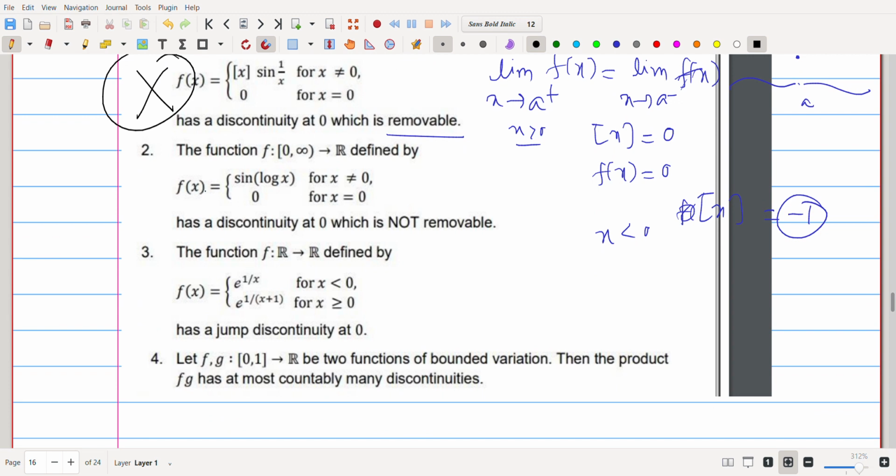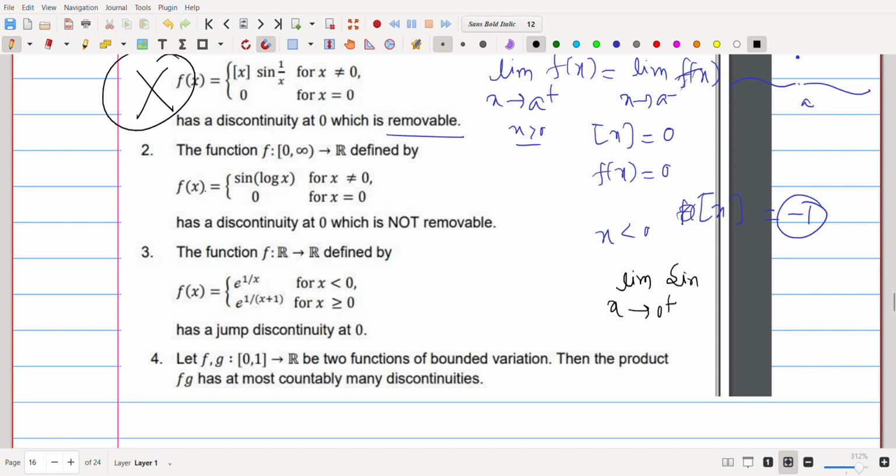Fx equals sine log x for x not equal to 0 and 0 for x equal to 0. You can check that this is not removable. That is true because f is defined on the interval 0 to infinity, so it is enough to check the right hand limit.